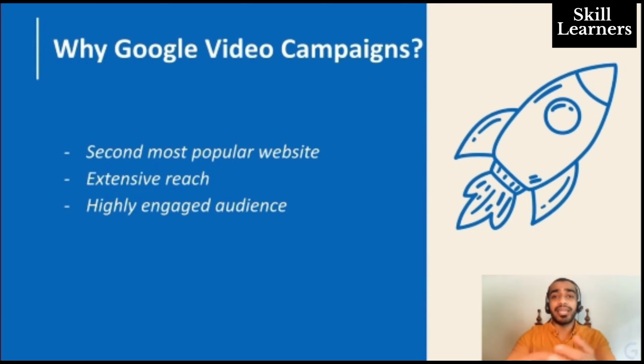And it's not just that. There are content creators creating over 500 hours of content every single minute on YouTube. So it's the content creators and the audience that make YouTube such a robust platform. And through this, we get the extensive reach that we have as marketers. We get to tap into that audience through YouTube and Google video campaigns.